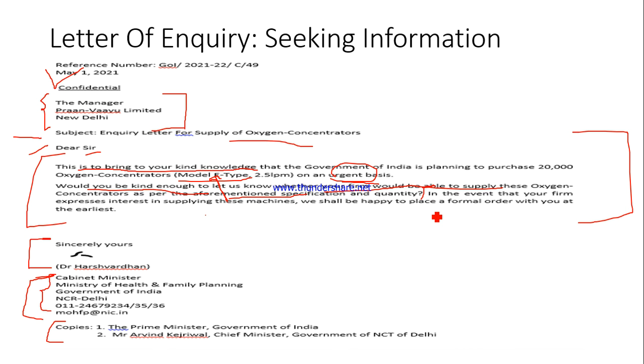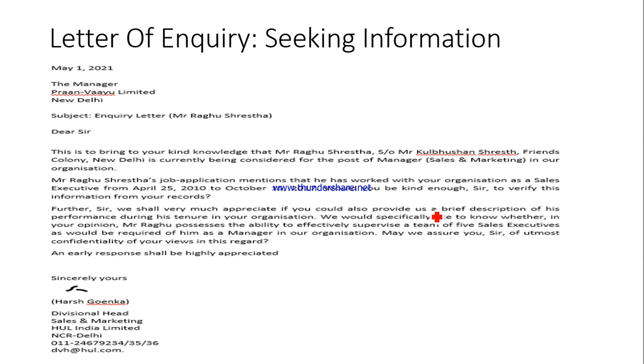Fine. Now let's have another look at another example of a situation in which you use letter of inquiry. Now this is another example. Letter of inquiry. You have to seek information regarding a candidate who has applied for a job in your firm, and you just want to get more background information about him from his earlier employer.